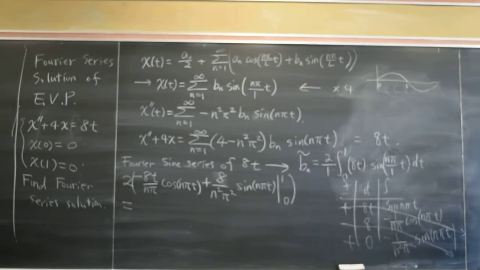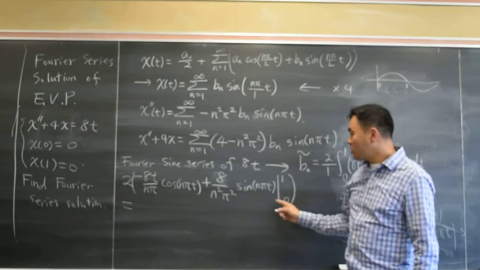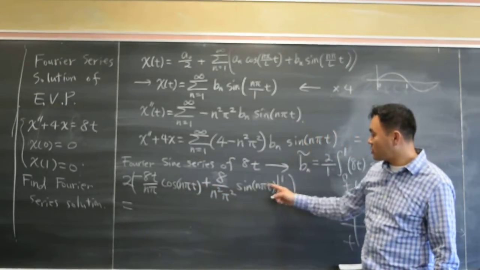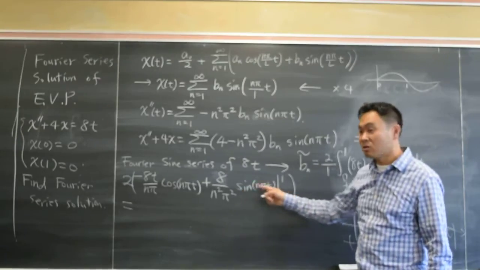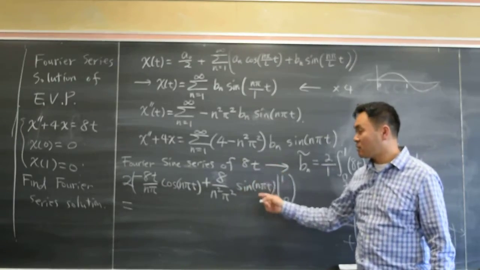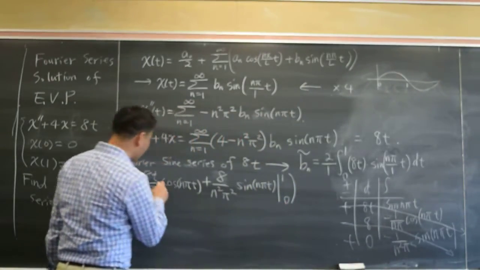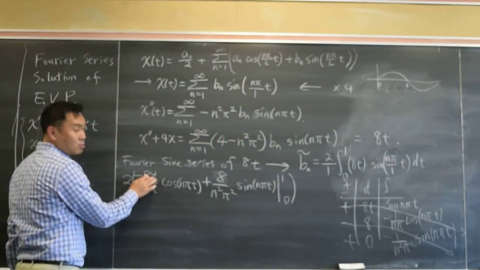Okay. All right. So now when you plug in 1, you get cosine n pi, which is negative 1 to the nth power. If you plug in 1 and 0 to this, this becomes 0. So in both cases, you don't get anything from here. You get something from here. And also, if you plug in 0 to this, 8 times 0 gives you nothing, right?